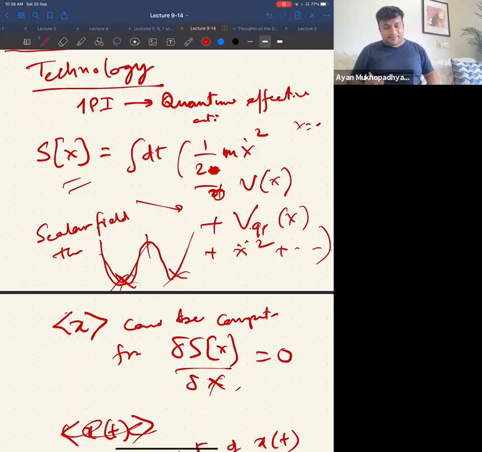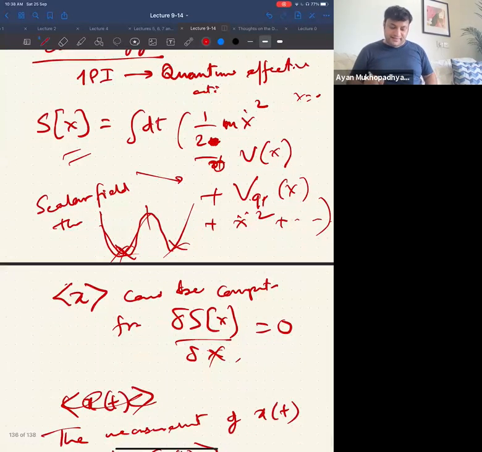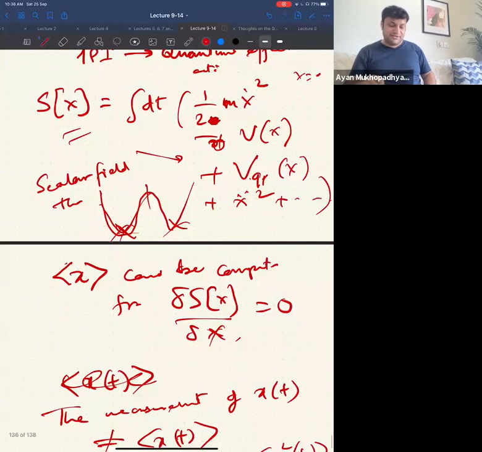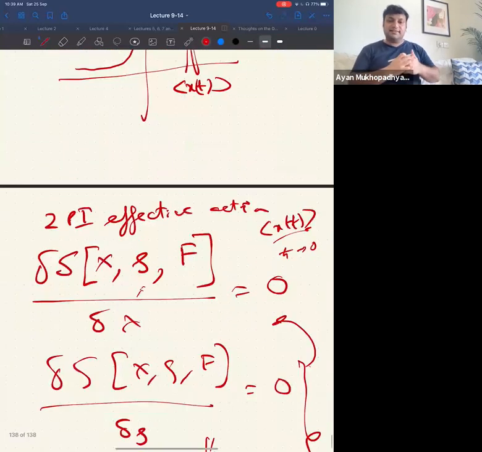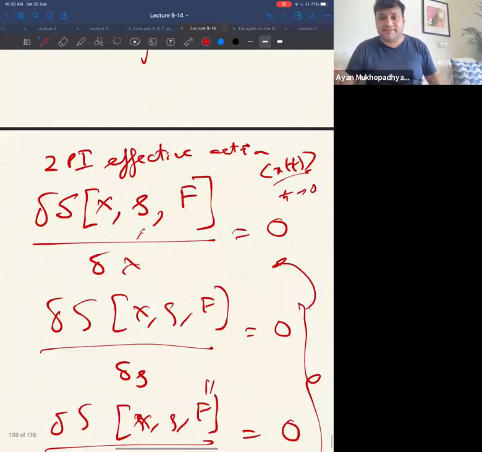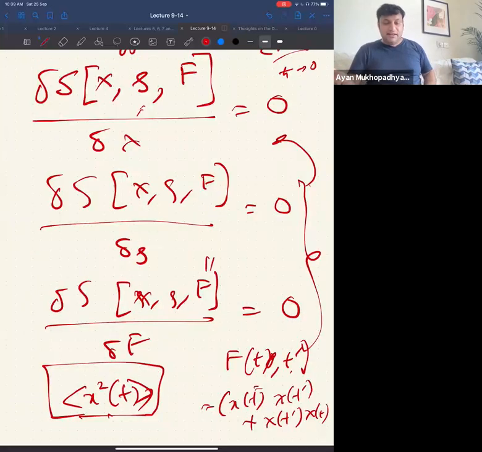So anyway, this is something very interesting. What we learn is that the quantum effective potential is different from the classical effective potential, and it's not true for the harmonic oscillator, but it's true for this one. So we are going to learn all of this slowly, and learn it in the context of field theory also, not only quantum mechanics, right? The basic technology is the same.